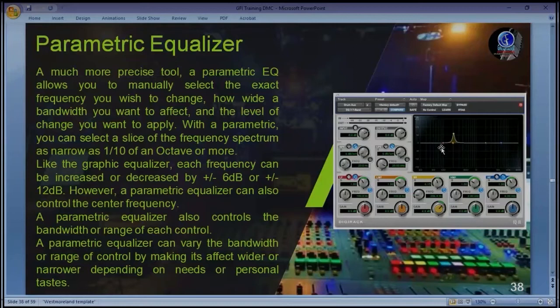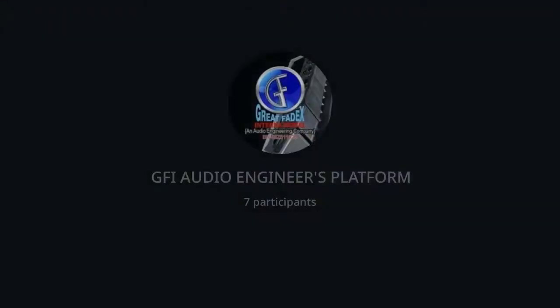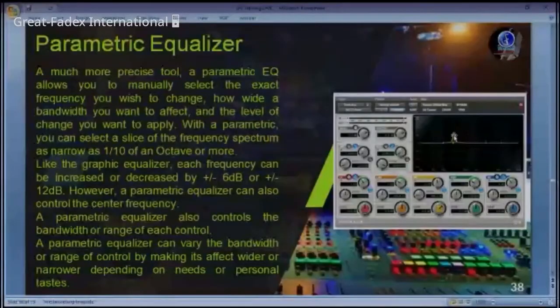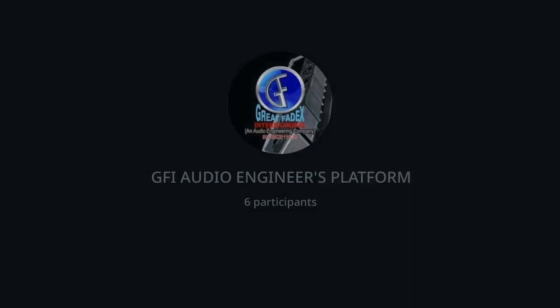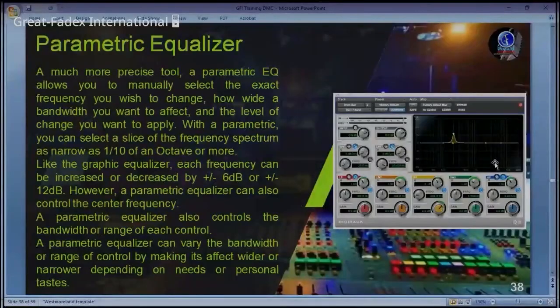Like this now, I have my center frequency. There's some frequency here where my mouse is moving. This should be at around 1K, and you can see my center frequency is on 0. So it gives you a precise center frequency. 0 is your center frequency here. And from here, I can either boost or cut the attenuation. I can do that for any frequency I select. I can narrow it, I can widen it.